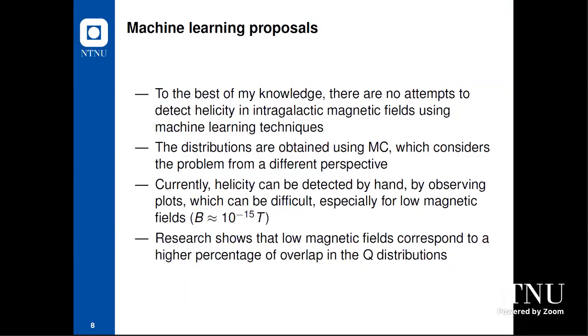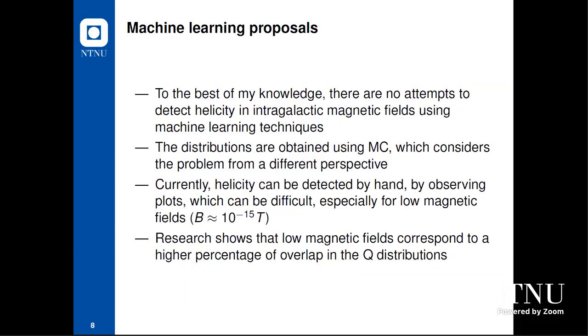As I was saying before, detecting the helicity is more difficult for low magnetic fields because there is more blurring. So it is easier to say, for example, that a positive helicity is negative and vice versa.